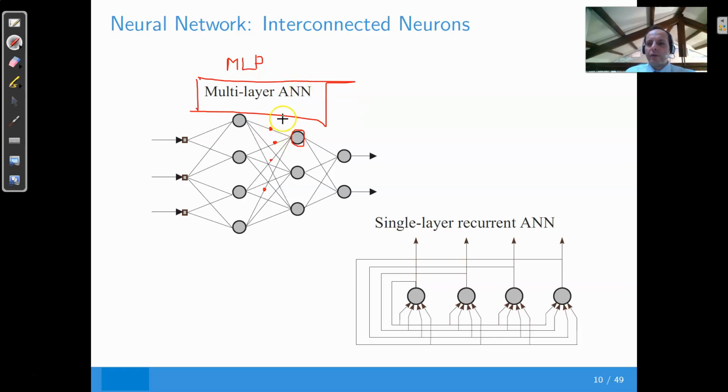You can also drop the letter A, saying MLP neural network without artificial, because it is something that is well known.